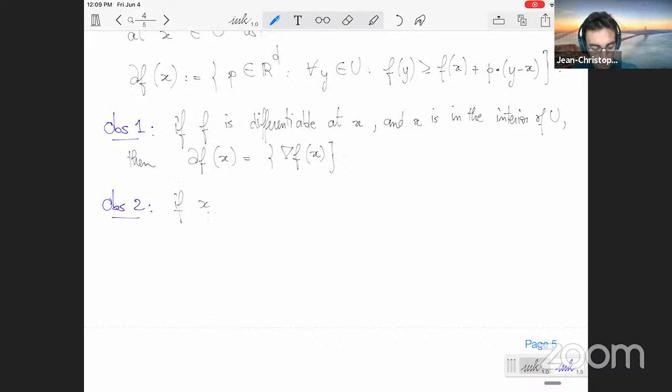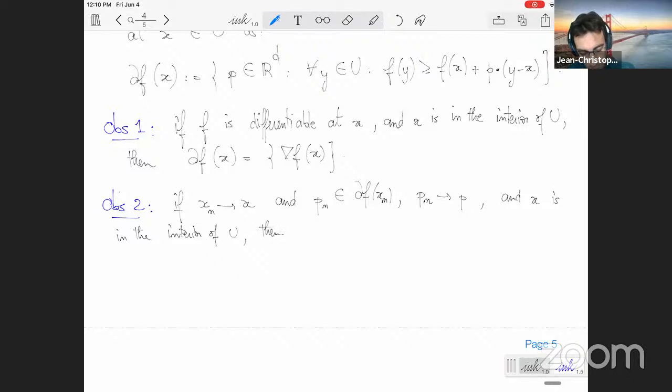If x_n converges to x, and p_n is in the subdifferential at x_n, p_n converges to p, and let's say x is in the interior of U, then p belongs to the subdifferential at x.